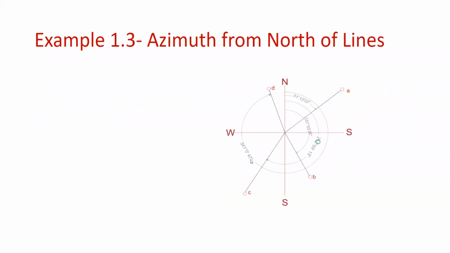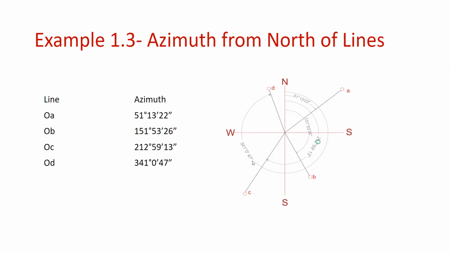Next, let's have here an example of the azimuth from the north line. So as you can see, meron tayong line. This is our O. Let's say OA. We have line OB, line OC, and line OD. Hanapin natin yung mga azimuth from the north line. So here, from the line OA, simula tayo sa north, papunta doon sa line OA.